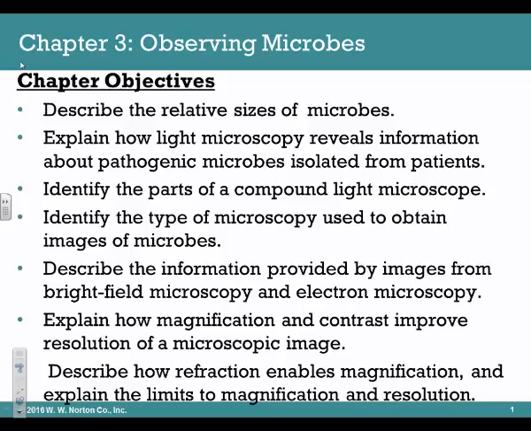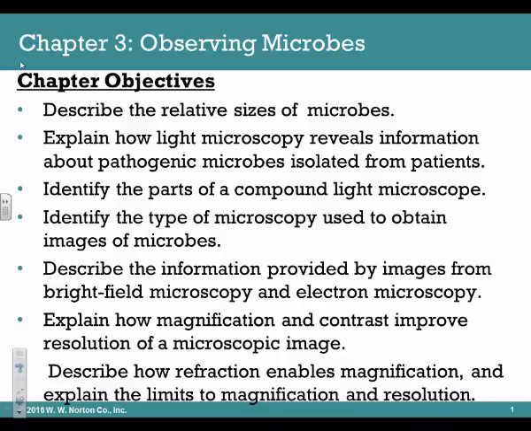So now today we can see them with the aid of microscopes, or we can measure or study them in indirect ways. And we've also gone over Chapter 2, which talks about infectious diseases, and so puts microbes in the context of human health and disease.